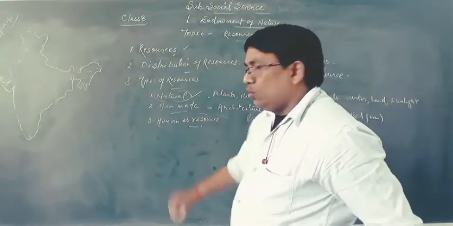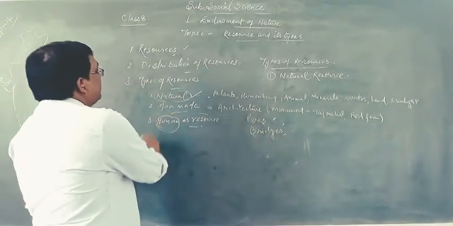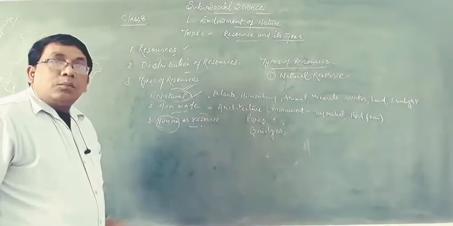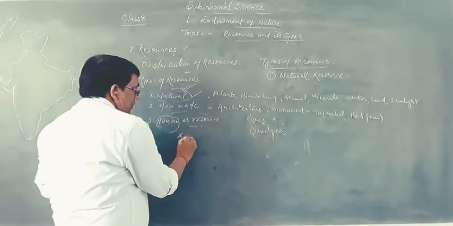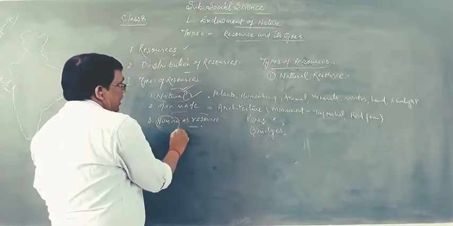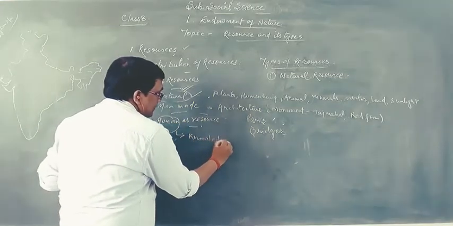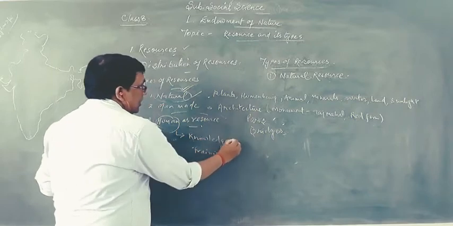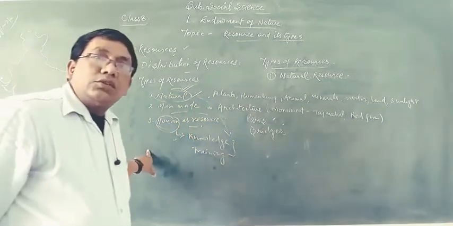Now, human as a resource. Definitely, without humans we cannot use these resources. But only those human beings who are assets, who are eligible, who have knowledge and training about resources, can get the resources from nature.